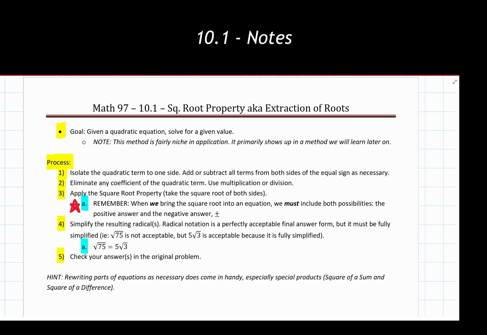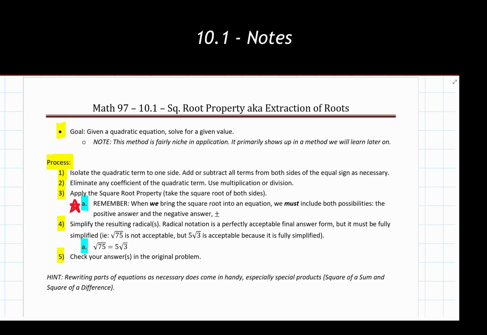More often than not, it's okay to leave something like the square root of 75, even though for my particular class, we want to leave it in a more fully reduced form, 5 root 3, like we did back in chapter 9. But it could be that your particular problem or your instructor says, you know what, you can skip this step and rewrite that as a decimal. Make sure you're double checking what the directions say and answering accordingly.